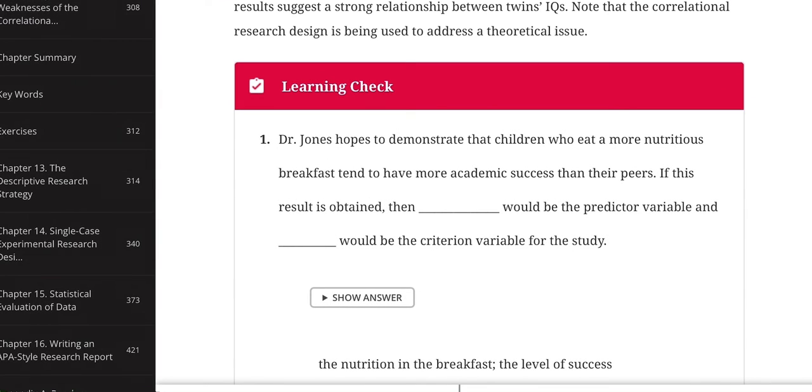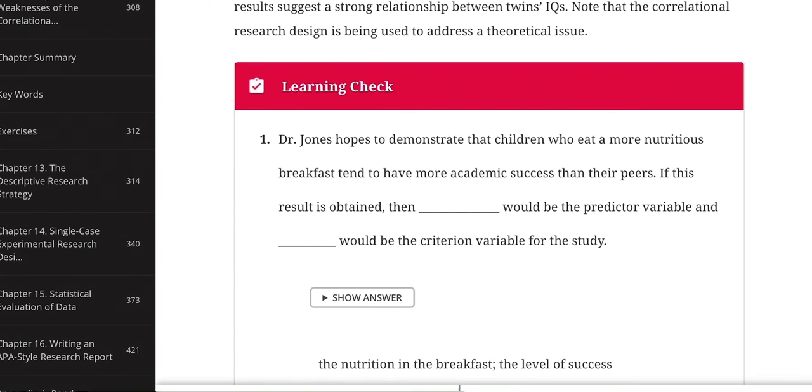All right, so let's go to our learning check. Dr. Jones hopes to demonstrate that children who eat more nutritious breakfasts tend to have more academic success. So if they do find that relationship, which would be the predictor and which would be the criterion is what this is asking.